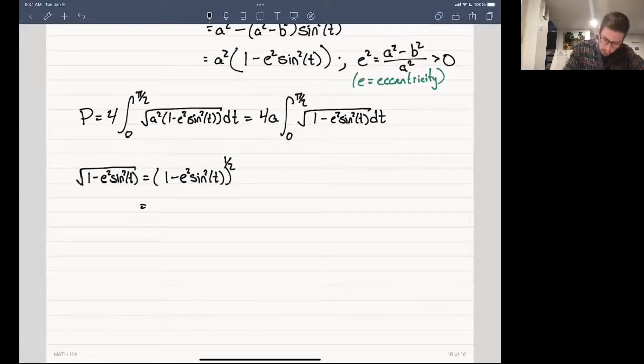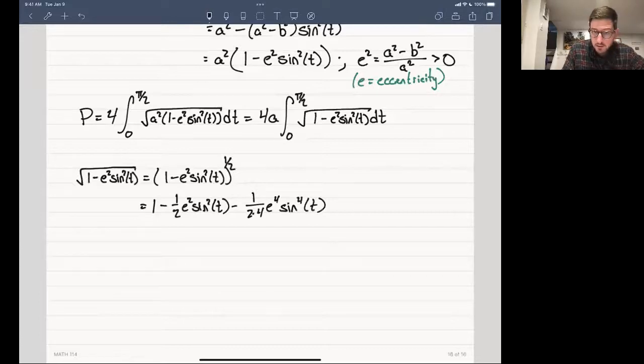And this is going to give us 1 minus m, which was the power, which is 1/2, e squared sine squared of t, and then minus 1 over 2 times 4, e to the 4, sine to the 4 of t, and then minus so on. I don't want to put more terms into this than necessary.